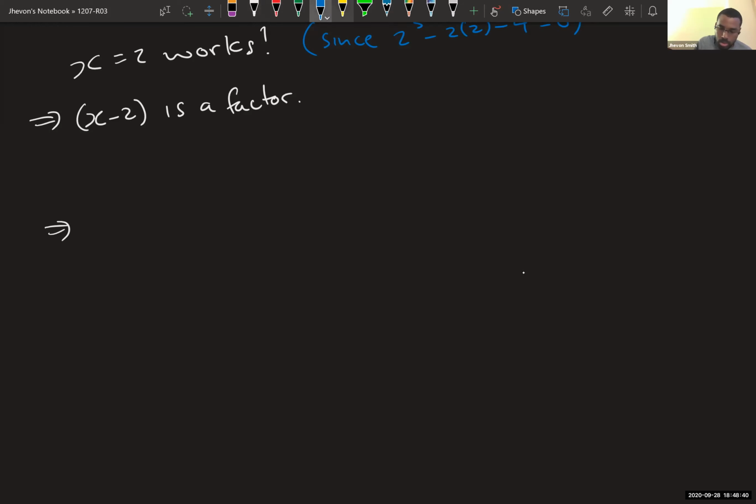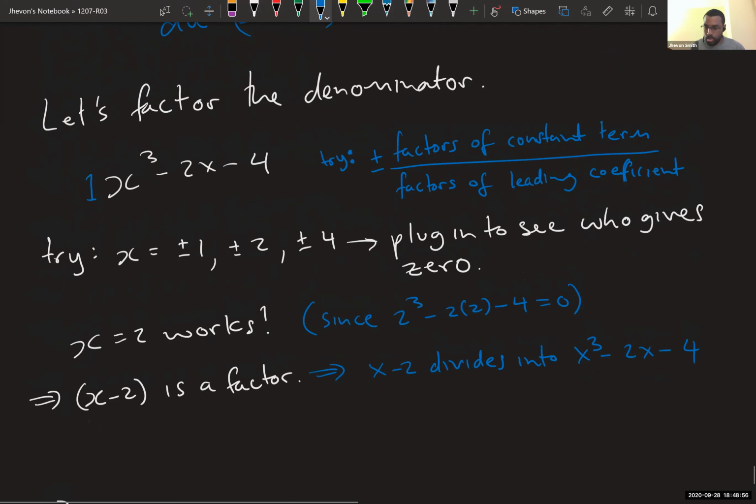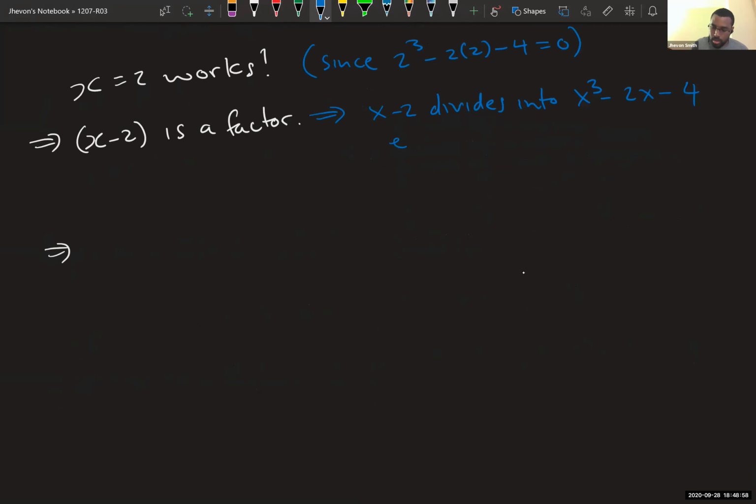So this means x minus 2 divides into x cubed minus 2x minus 4 evenly. So at this point, you can pull out the big guns. You can pull out your long division.